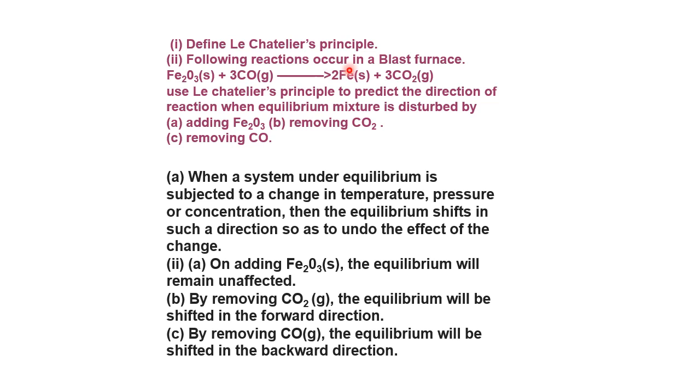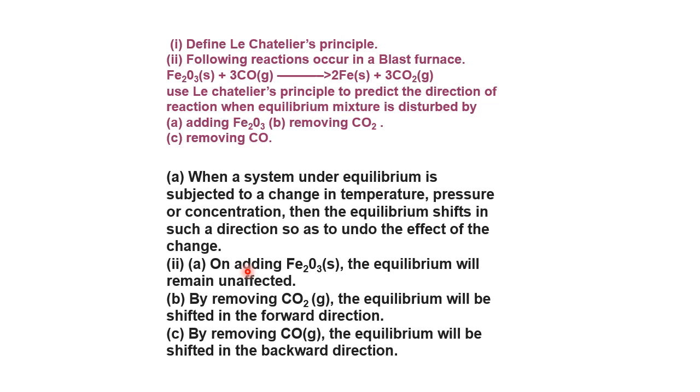Following reactions occur in a blast furnace. So, the question is, use Le Chatelier's principle to predict the direction of reaction when the equilibrium mixture is disturbed by the following effects. Number one, adding Fe2O3. When we add Fe2O3, which is in solid state, remember the concentration of a solid will not change.